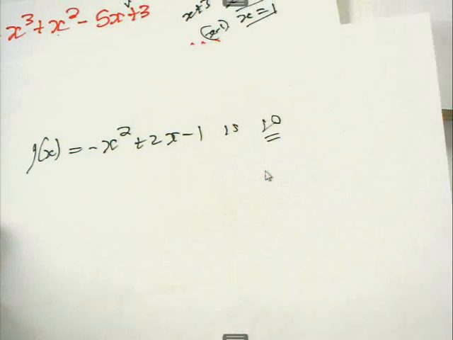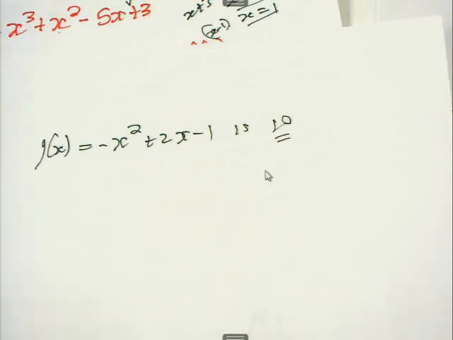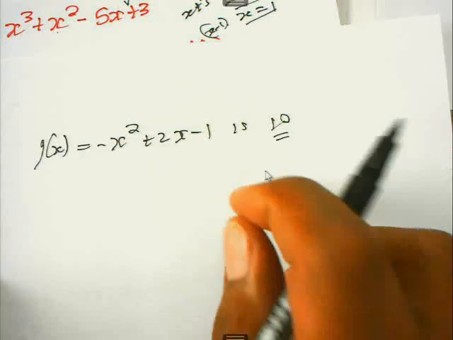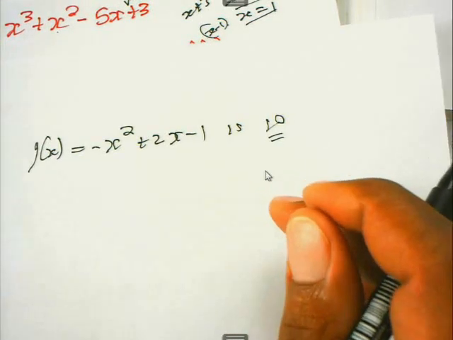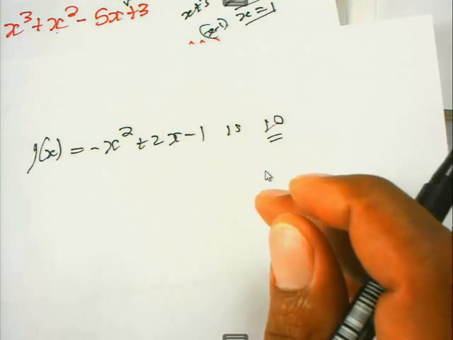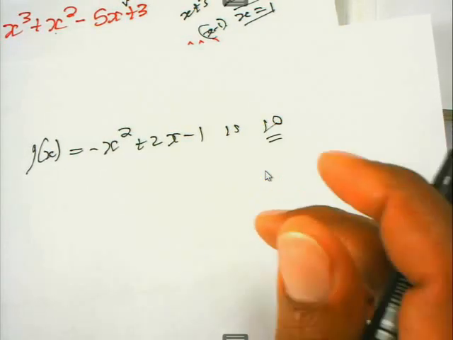Now, like I said, what's important is you must understand, when you talk of the gradient, what is it that we are referring to? We are referring to the derivative. Of course, the function is given. We don't have the value of x. You remember now, even though we didn't look at the tangent today, that when you determine the gradient of the tangent line, what is it that you need to do?